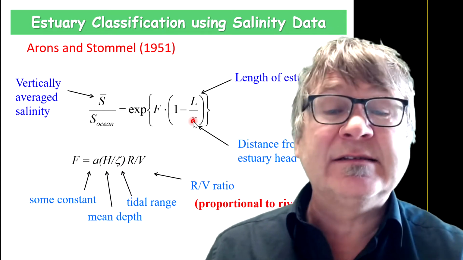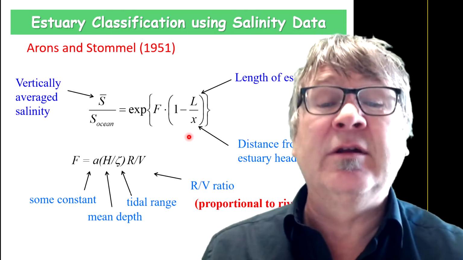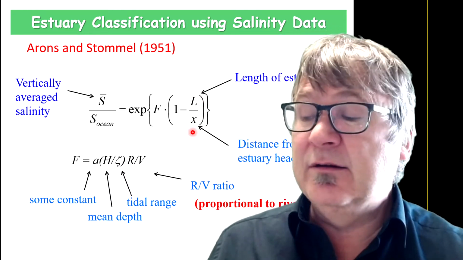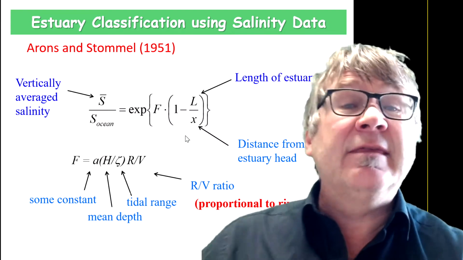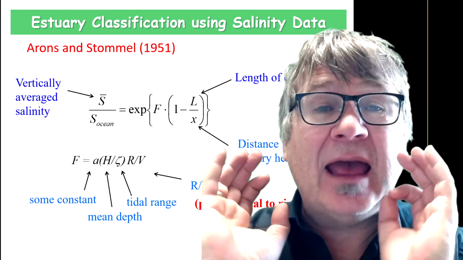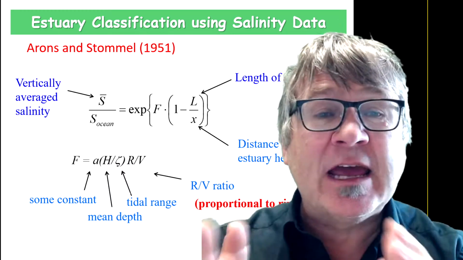Here you can see x is distance divided by length, but it's on its head. It's the inverse of normalized distance, L over x. And there is one parameter called capital F that determines the shape.